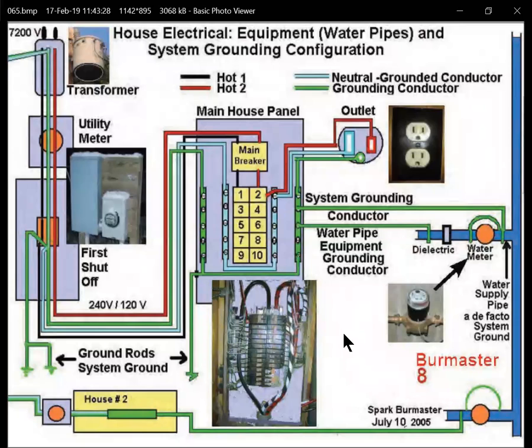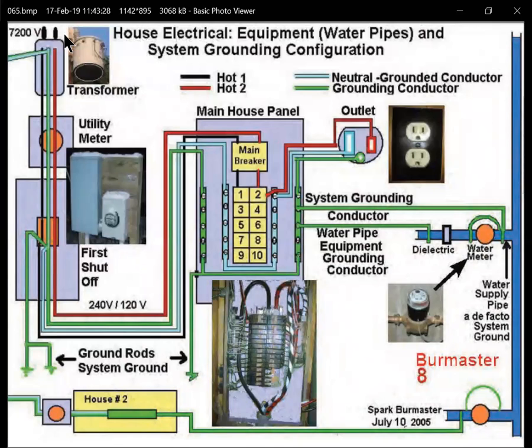When we talk about the electrical grounding system, that refers to all the metal in your house. Specifically, it's the metal frames of all the devices, the metal boxes, the metal frame of your washer, your dryer. All that is part of what's called the grounding system.